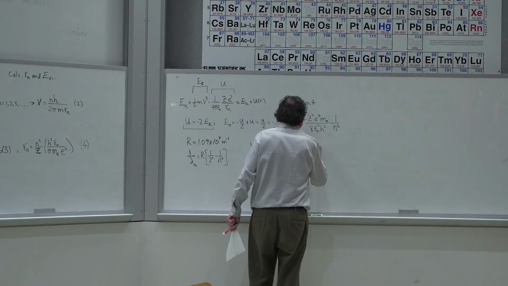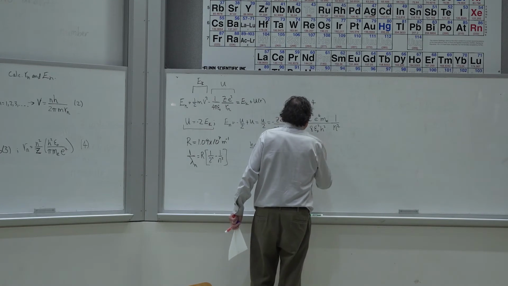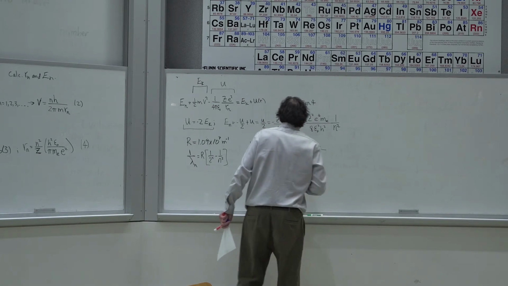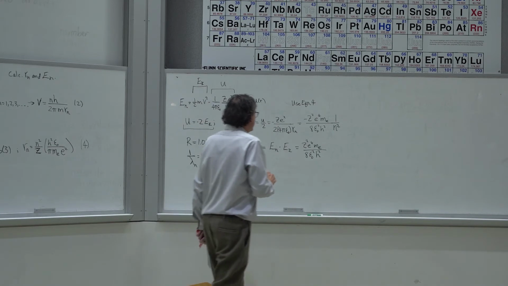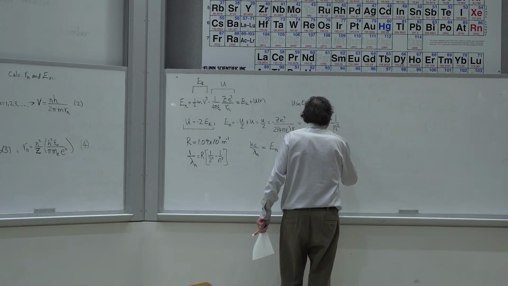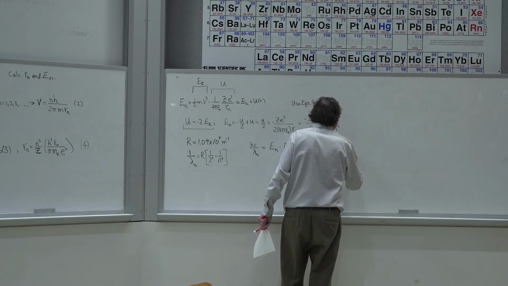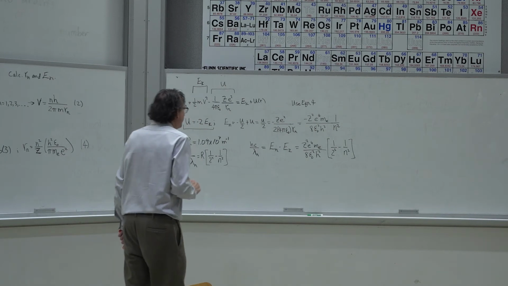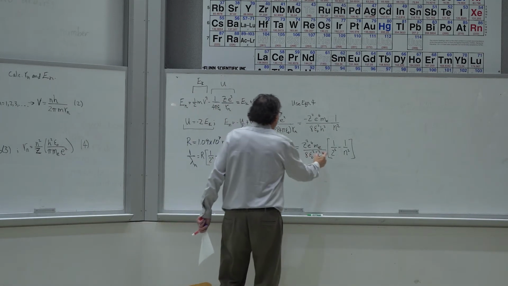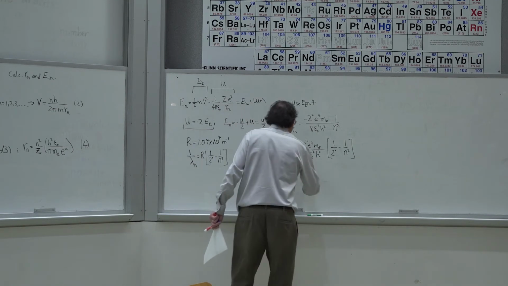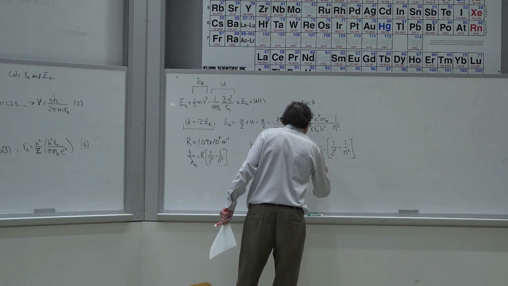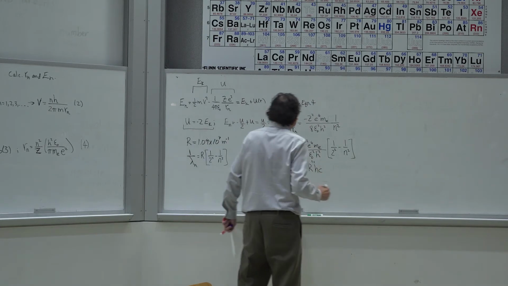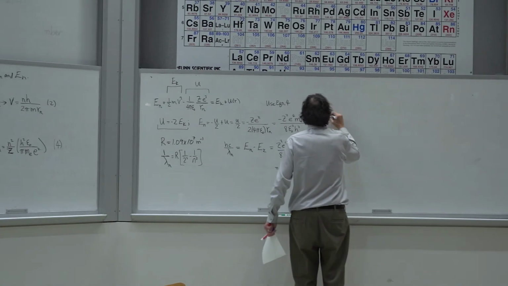And so now we can write this as equal to Z squared times e to the 4th times m sub e divided by 8 epsilon naught squared times h squared, times 1 over 2 squared minus 1 over n squared. Now, this whole thing is equal to R times hc. So I can equate these two coefficients and evaluate what R is going to be.